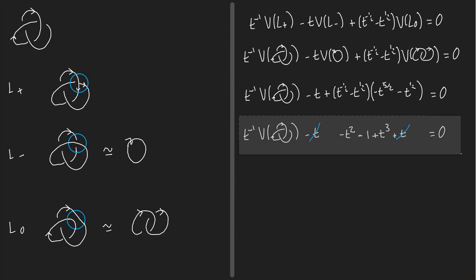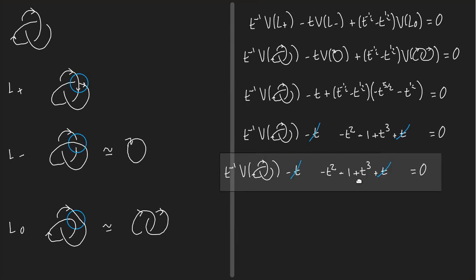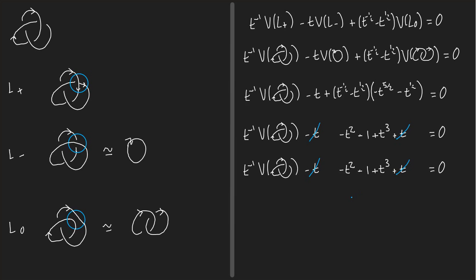And so let's rearrange this to get the final answer. Well, let's get rid of the things we cancelled. Let's move everything here over to the right, changing the sign. So the minus becomes a plus, that minus becomes a plus, and that plus becomes a minus.